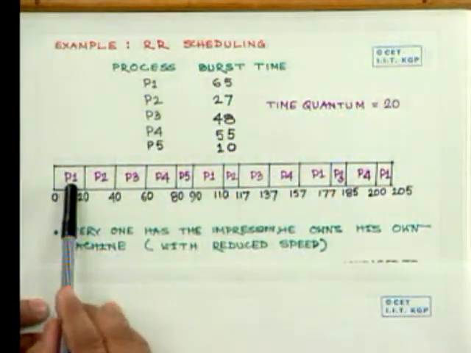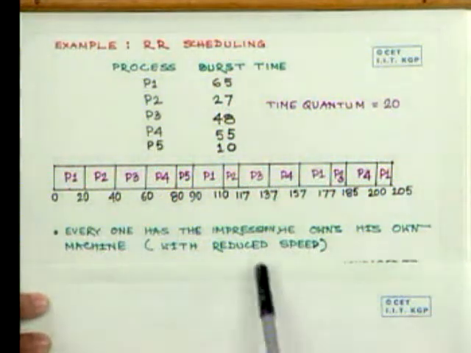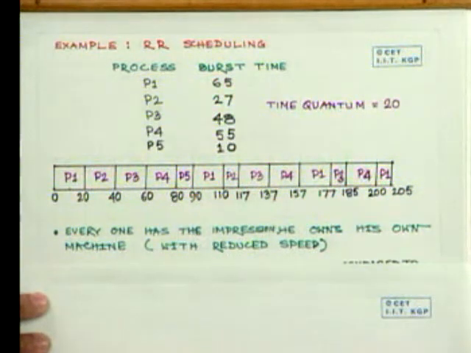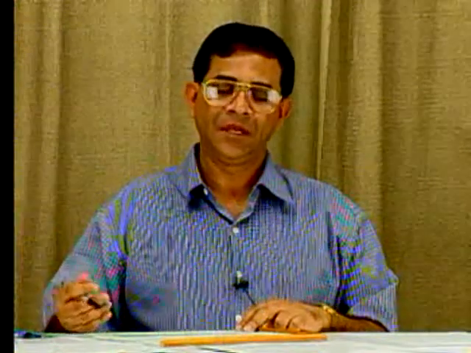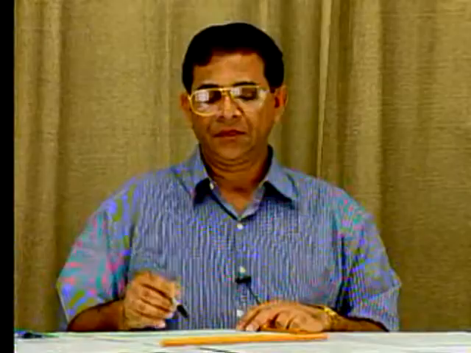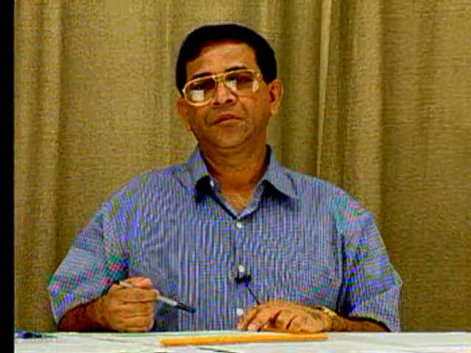Therefore, every process, P1, P2, P3, P4 and P5, has the impression that it owns its own CPU, but with reduced time, because the total CPU time is distributed amongst all these processes.